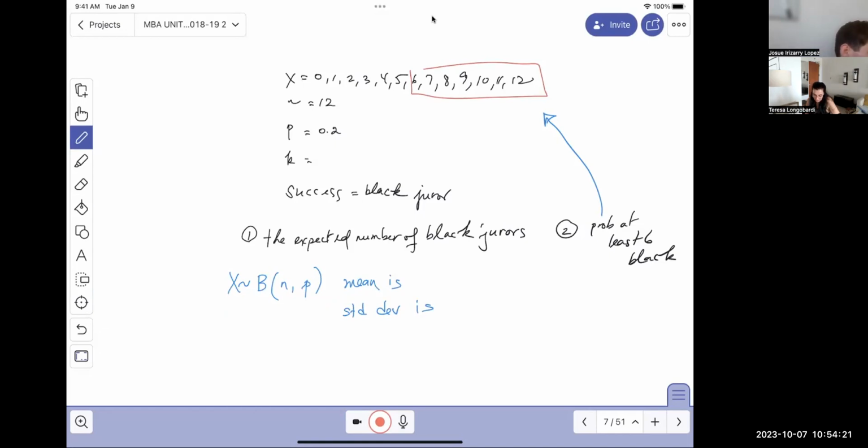Let's say a basketball player has a probability of 80% of getting a free throw, so he gets it in the basket. If he tries 10 times, what do you expect?